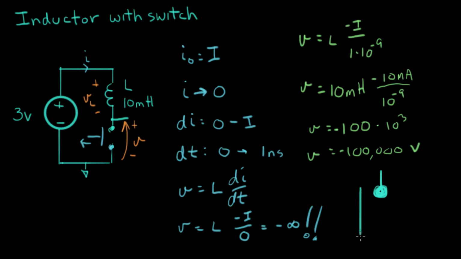And here's that switch plate. As soon as this switch moves away, there's an air gap created here. In our ideal world, this air gap was a perfect insulator. But because of these extreme numbers, this air gap is actually not an ideal insulator. And what's going to happen is we're going to get a bright spark that goes right across here.